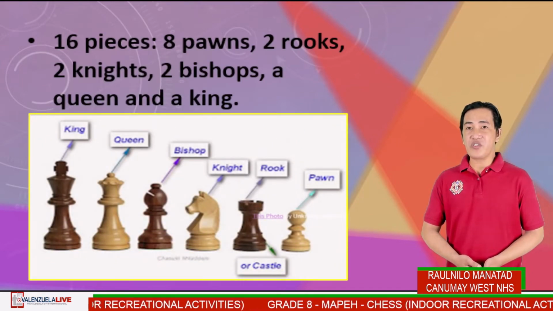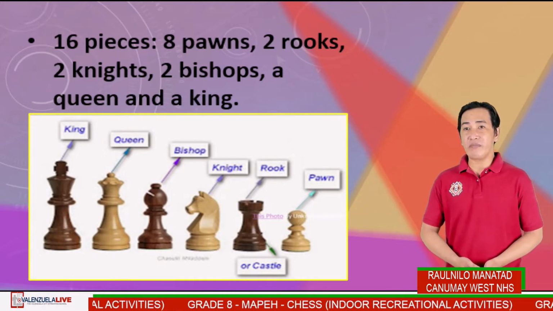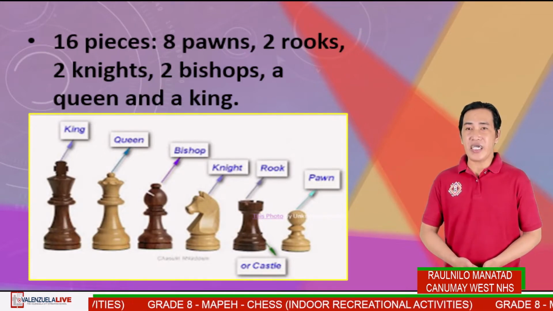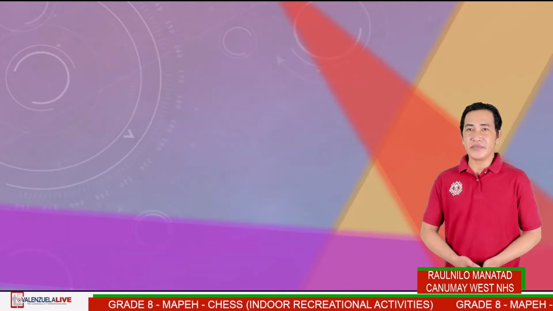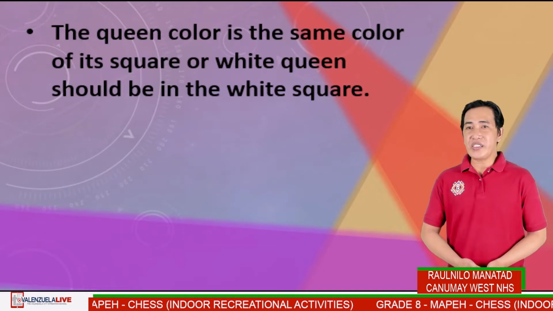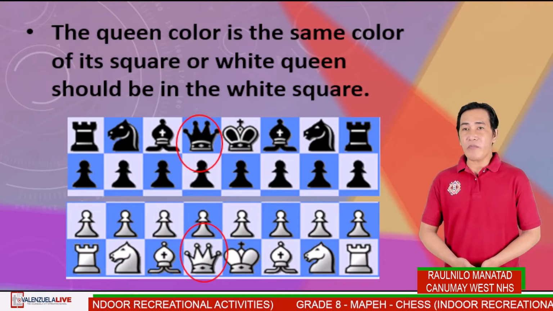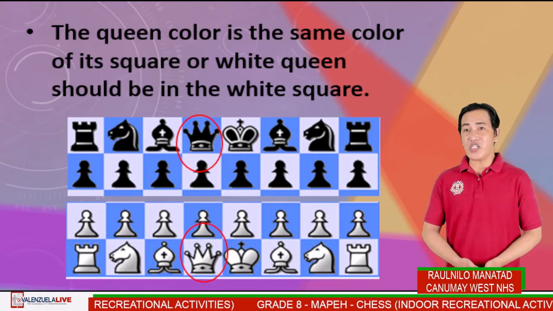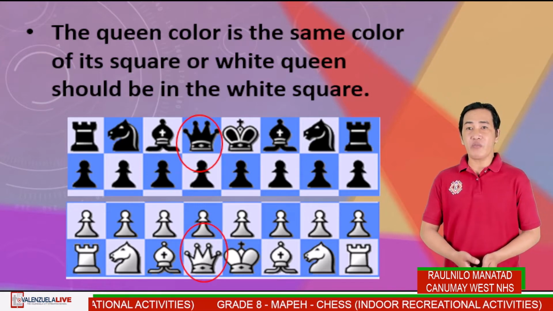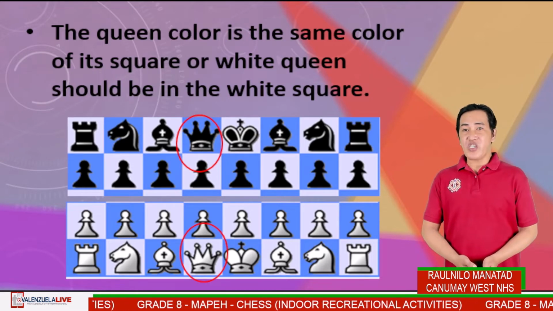The 8 pawns, 2 rooks, 2 knights, 2 bishops, a queen, and a king. The queen color is the same color of each square. For example, the white queen should be in the white square and the black queen should be on the black square. What are the moves in chess?